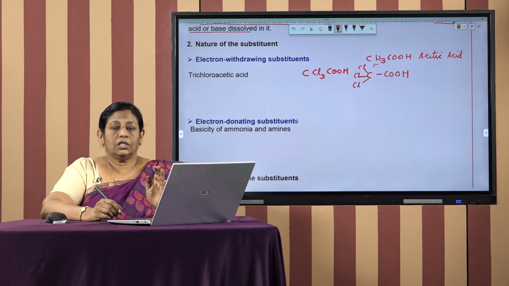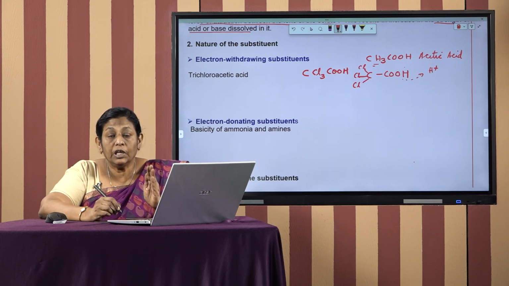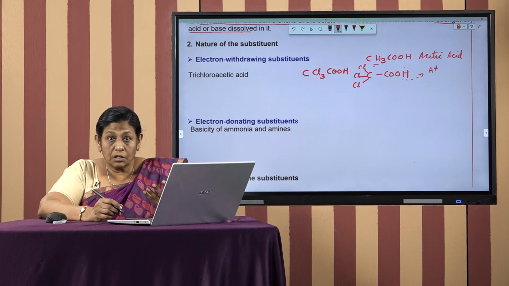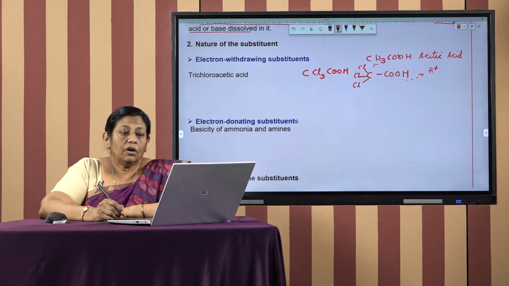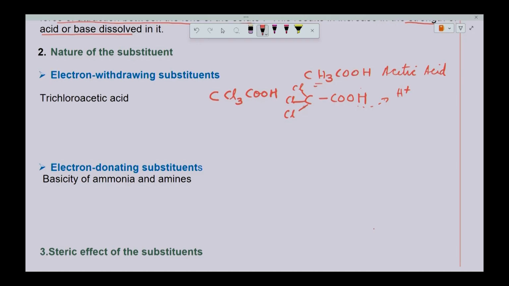For trichloroacetic acid to function as an acid, we need the H plus ion, that is hydrogen, to go from here as H plus ions. If it goes faster or readily, we can say that is a very strong acid. Now, this chlorine atom, as we all know, is highly electronegative. So, what happens is this pulls the electrons of the carbon atom.